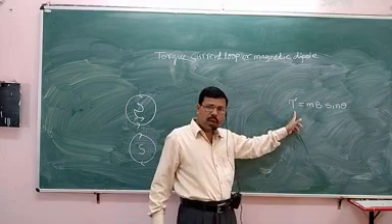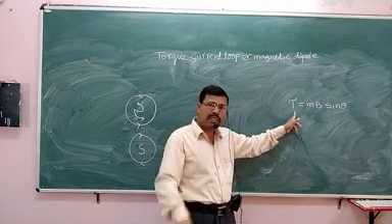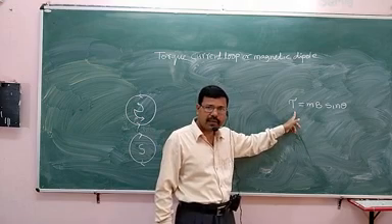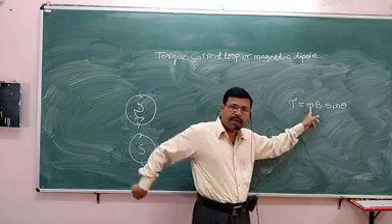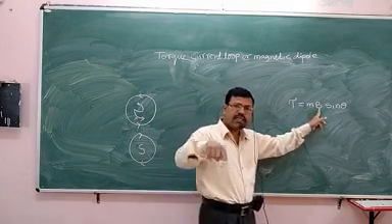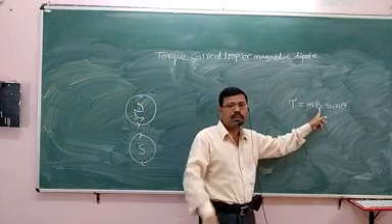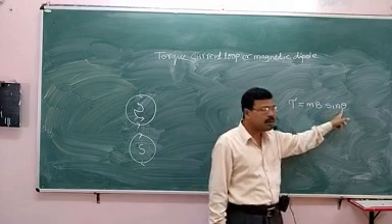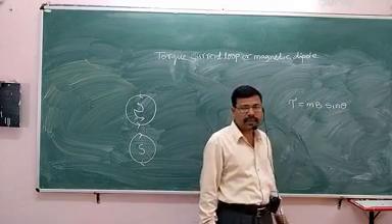where tau is the torque acting on the magnetic dipole when the dipole is kept in the uniform magnetic field. M is the magnetic moment of the magnetic dipole and B is the external magnetic field in which this current loop is kept, and theta is the angle between magnetic moment and magnetic field.